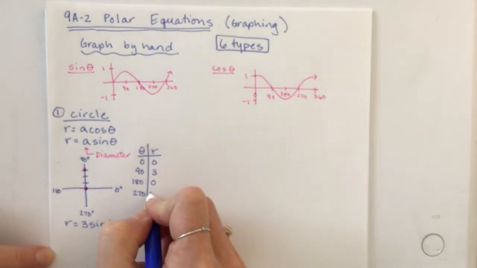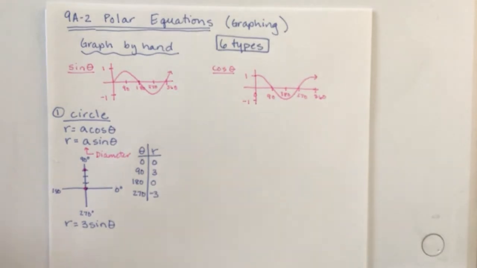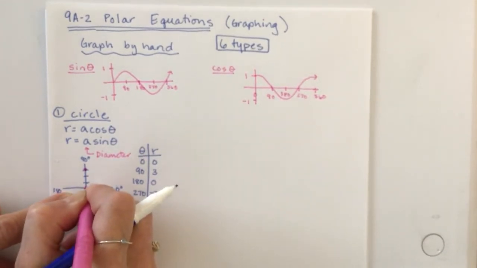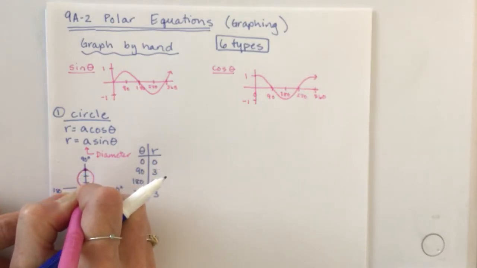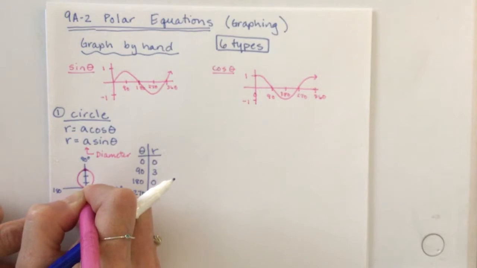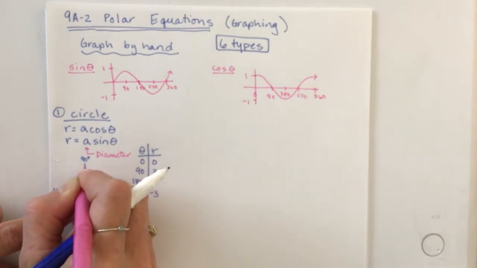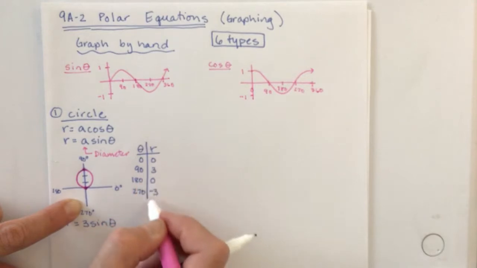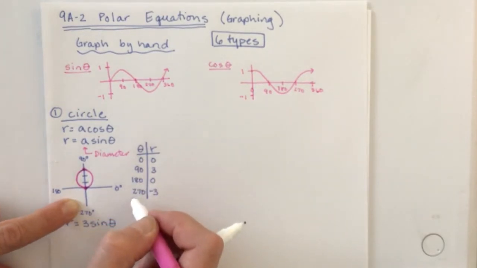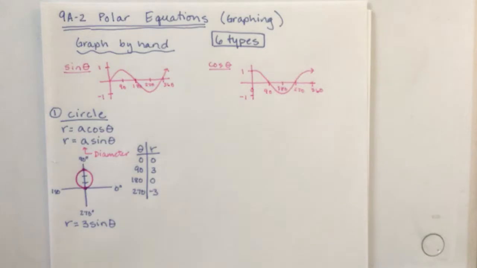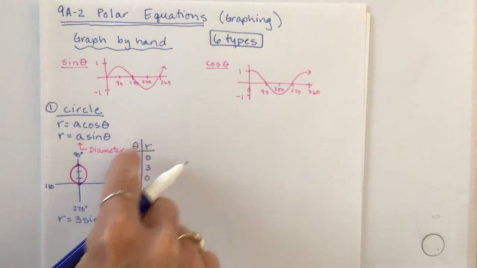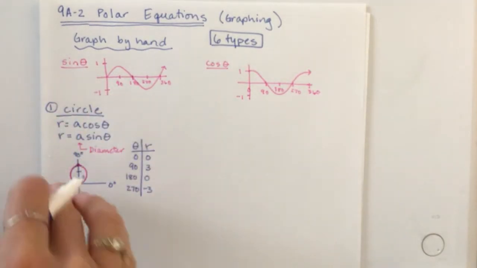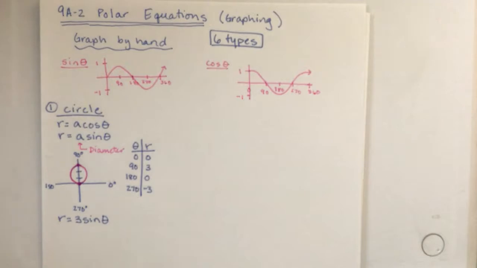What's happening is it goes out here and then goes out here, and then coming back it goes out here again, right? We do 2 loops, kind of interesting, 2 loops in one 360 circle there. I should say, in one revolution of theta, we do 2 circles. That's kind of cool. All right, how's that for a circle?